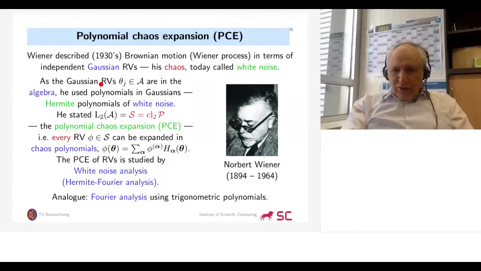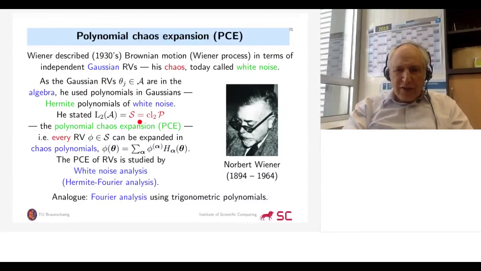Because he knew that the Gaussian random variables are an algebra of random variables, he used polynomials in Gaussians. So this is Hermite polynomials in white noise. And this is what's called the polynomial chaos. He stated that every random variable can be written as an infinite sequence of these polynomials. Okay.